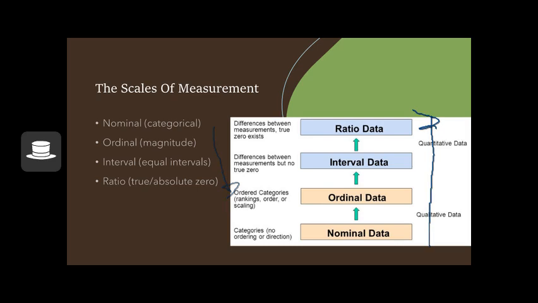So the basic type of measurement is what is called nominal. It's categorical. So essentially, what you're doing is you're just saying, hey, these two things are different, right? So I go to my refrigerator, there is a Coke, there is a Diet Coke, there is a Coke Zero, right? Those are categories. I'm not saying one is better than the other, I'm just saying that they are different.